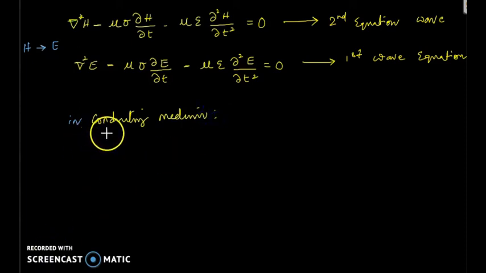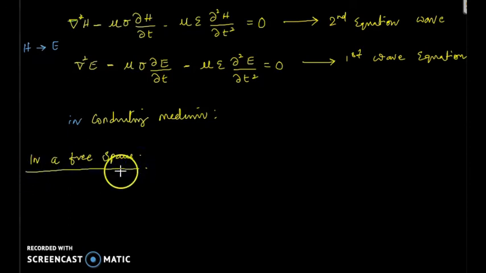Again, we are going to derive the first and second wave equation if the electromagnetic wave propagates in free space. If the wave propagates in free space, sigma equal to 0.